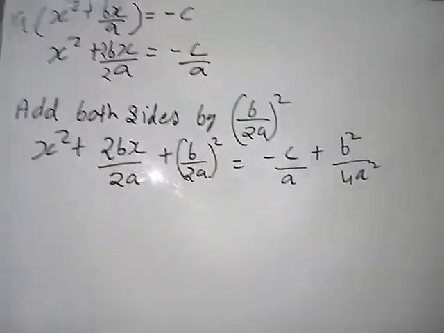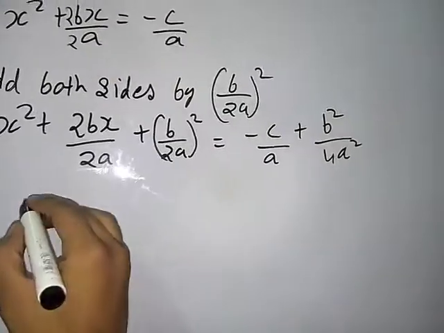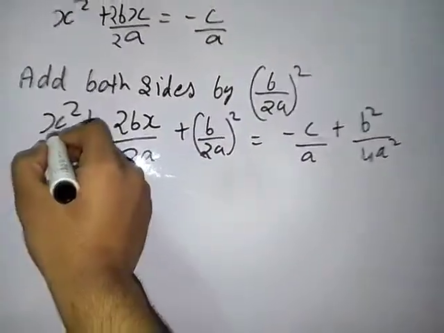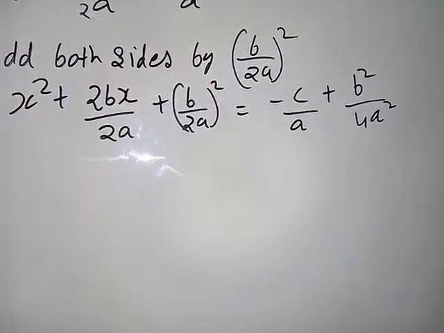So now what can we do here? We are getting this, it is a plus b whole square.